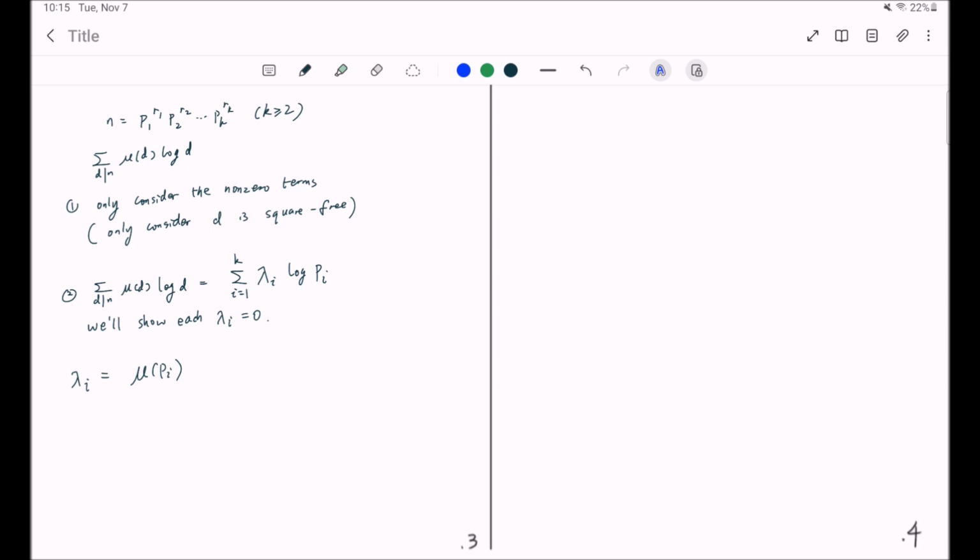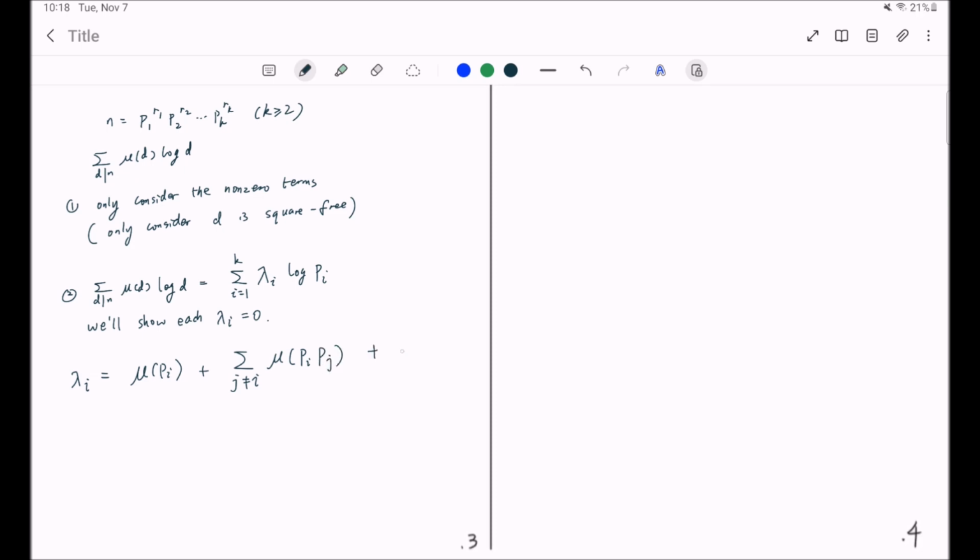If you look at the case when d is a product of p sub i with some p sub j, then in that case, the coefficient in front of it will be the summation for all j not equal to i of mu of p sub i times p sub j.